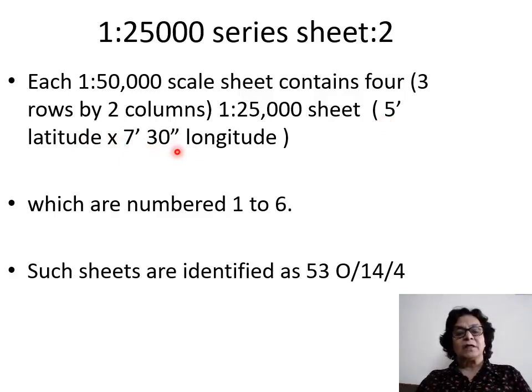So this is slightly different, and this is done because they want to show even the various details in the map, or an in-depth study can be done. Now for these, the numbering is taken instead of the directions. For the first series we saw the directions were taken. For the second series the numbers are taken. So these are identified as 53O/14/4.